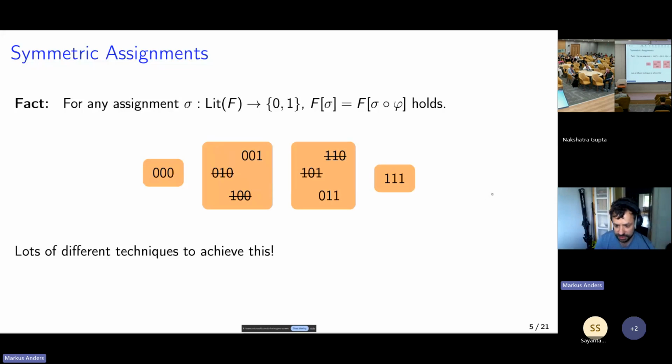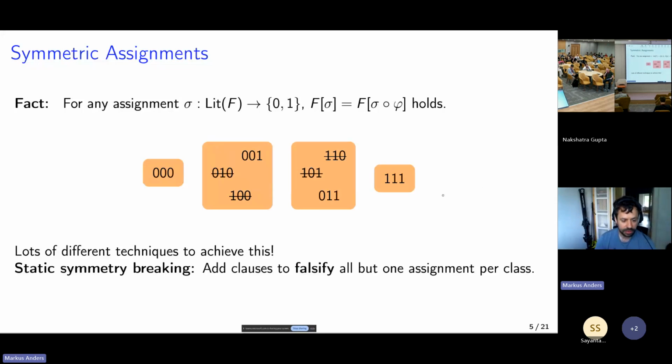And what this talk is more precisely about is static symmetry breaking. And this is different in that we are only modifying our input. So the idea is that we add clauses to our input that falsify all but 1 assignment per equivalence class.